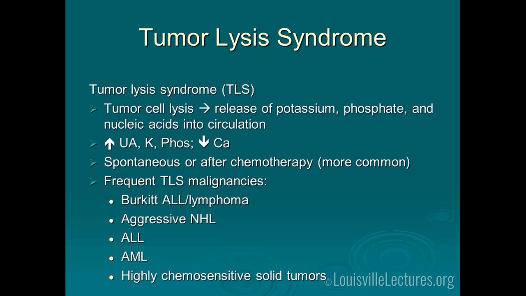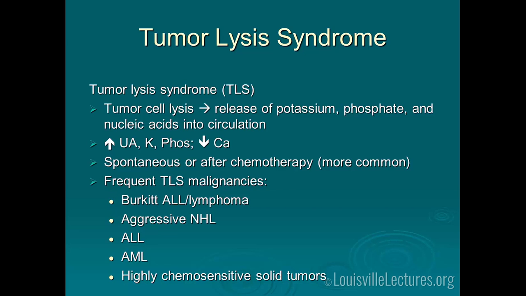And when they die, they release all of their intracellular potassium and nucleotide components into circulation. And so we see elevated uric acid, elevated potassium, elevated phosphorus, but you'll see decreased calcium because the phosphorus binds the calcium. So there's also risk for hypocalcemia. So it's more common to see it after chemotherapy, but it can be spontaneous.